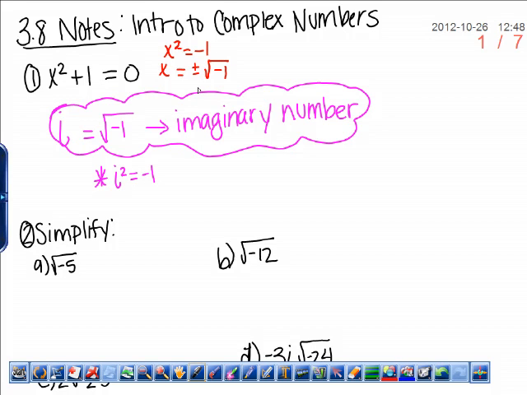A quadratic, if it doesn't have any real solutions, still has what we call complex solutions. The complex number system is a system that allows us to keep going on problems that we would have to stop on if we were just using real numbers.